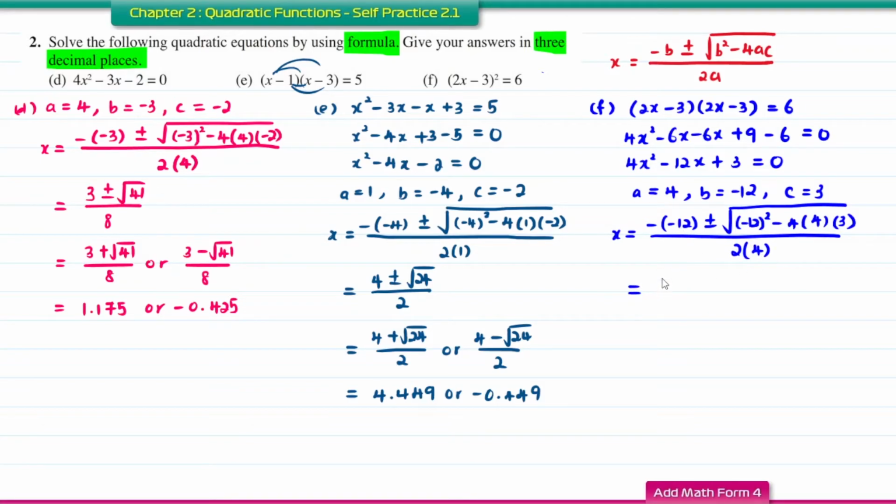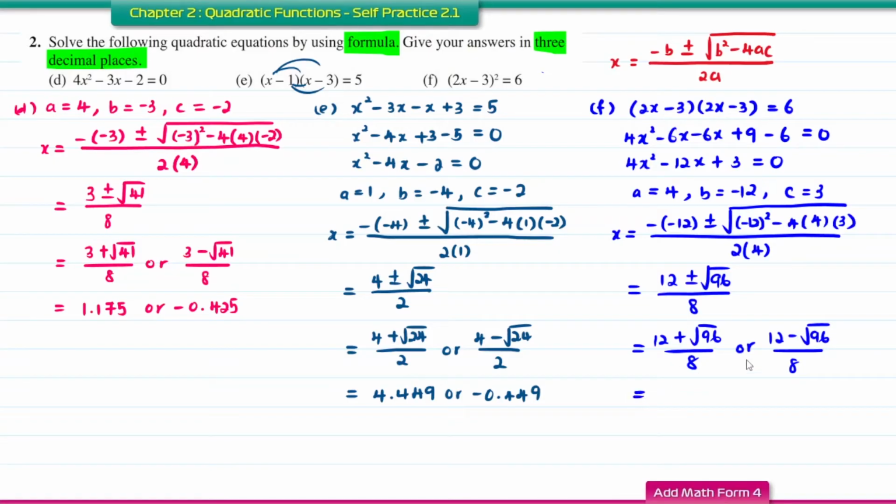So here is going to be a positive 12 plus minus. So the square root part, the answer is 96 over 8. So the value of x, one of it is 12 plus square root 96 over 8, or the other one is 12 minus square root 96 over 8.